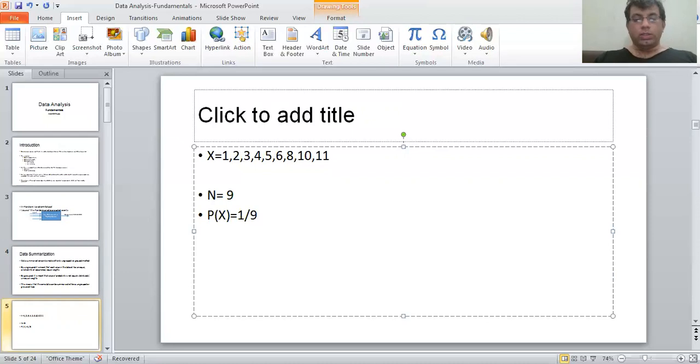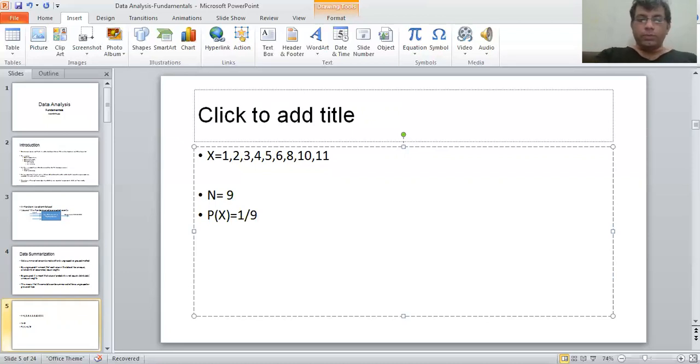And why is it like so? Because firstly, we can see that every value is occurring once. And secondly, if I am taking it as ungrouped data statistics, and this means that every value has an equal chance of occurrence, then this can only happen when every value has a probability equal to 1 upon capital N. Remember the rule of probabilities that the sum of the probabilities of all the mutually exclusive events is always equal to 1.